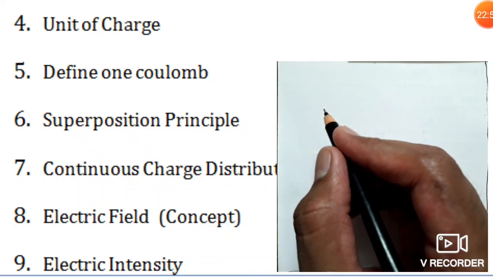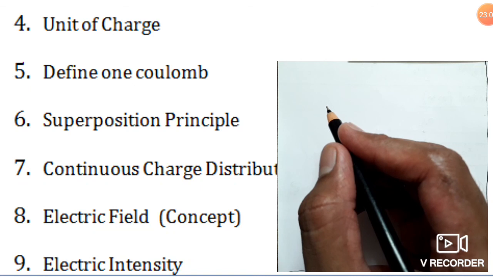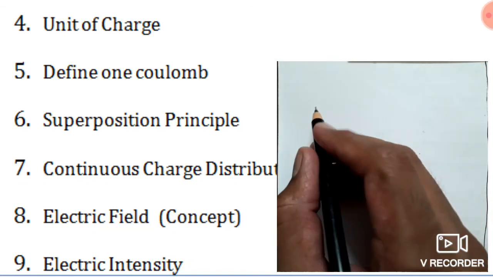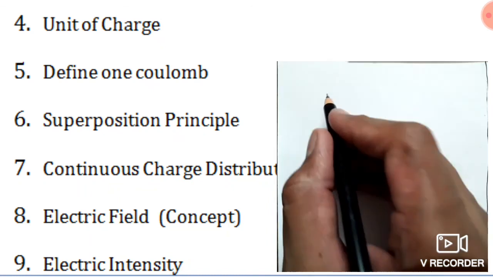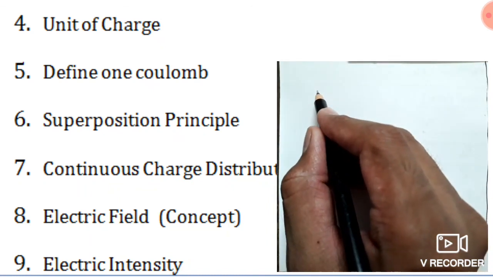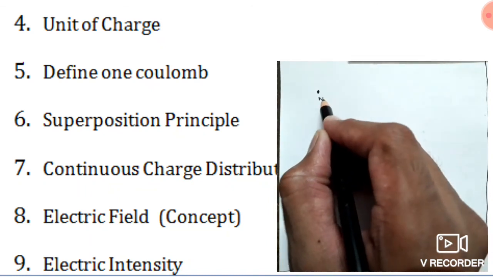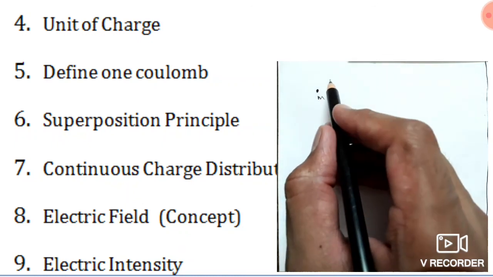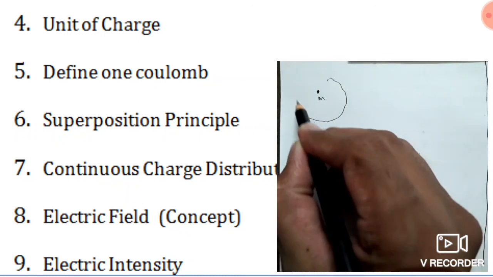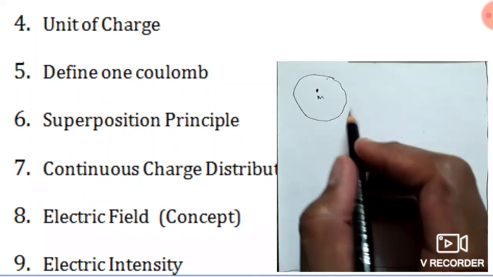Now let us discuss point number 8, concept of electric field. What is the concept of electric field? We know that when we consider a small mass m, there will always be a gravitational field around it.